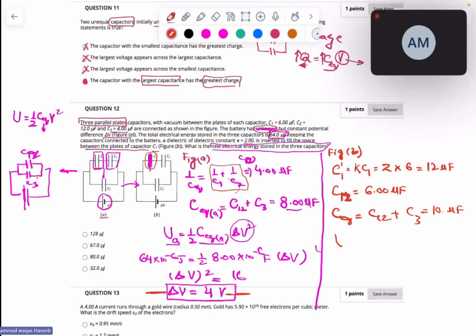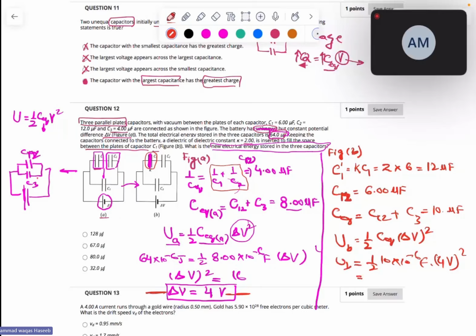So the energy stored in figure B due to this dielectric constant is one half C equivalent times delta V squared. So one half, 10 into 10 to the power minus 6, then you have the potential, which is 4 volts squared.